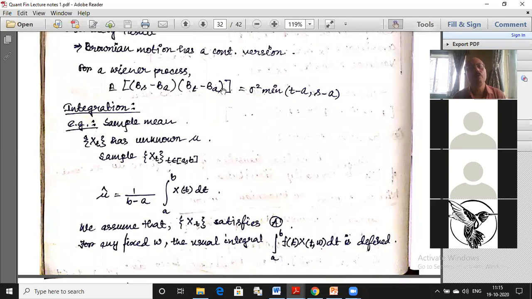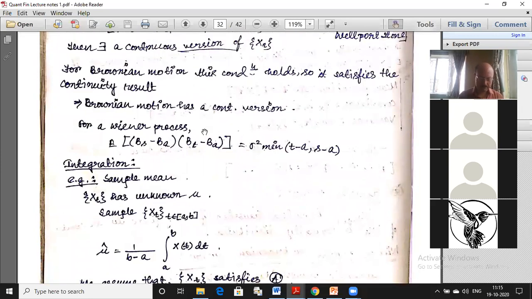Okay, so this is a small property that I want to mention here. It will be very important later on, that for a Wiener process, if I look at the expectation of this kind of a cross product, Bs minus Ba, where a is the initial time point, times Bt minus Ba, this will have this value sigma square times minimum of t minus a, s minus a.